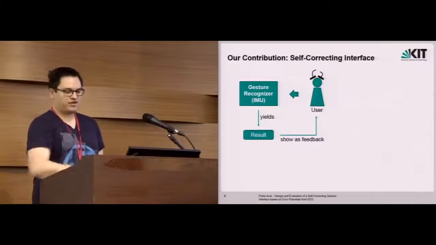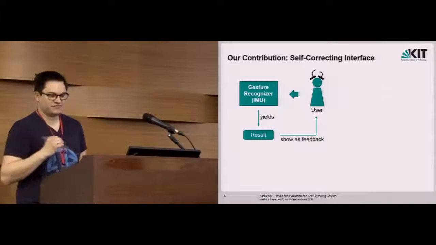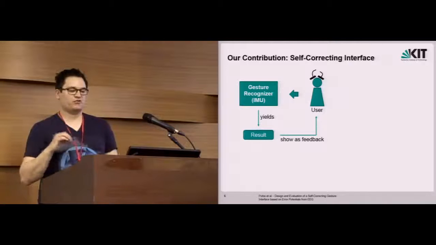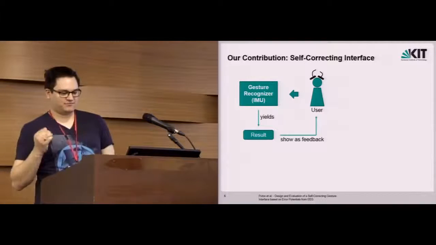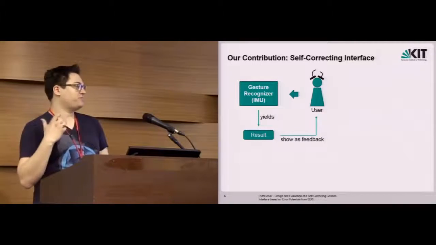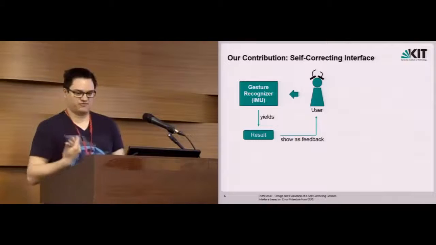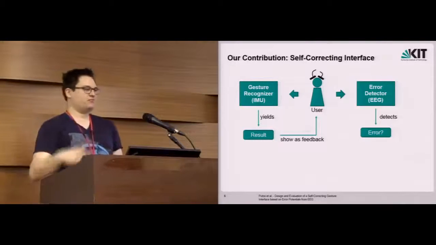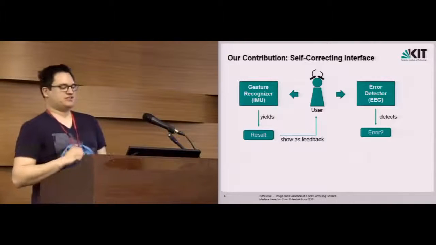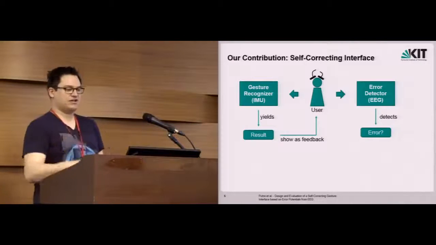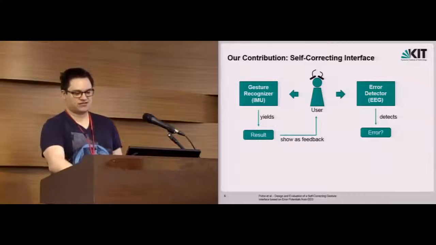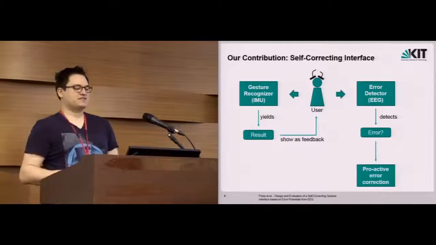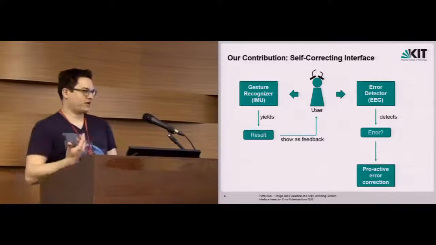Now we can measure the user's brain activity at that point with EEG electrodes to look for specific patterns which are typically triggered by erroneous feedback you perceive. We feed this EEG data to an error detector, and if it says, yes, I saw such an error pattern, then the system can engage in proactive error correction.